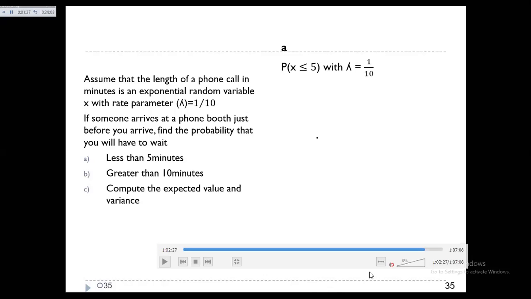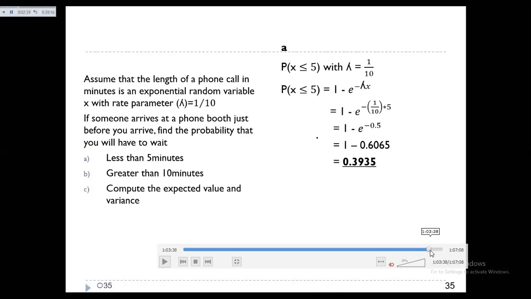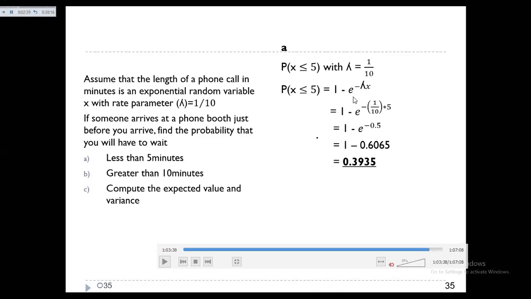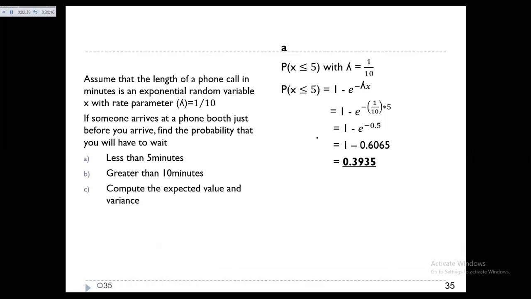So it's 1 minus e raised to the power negative lambda x. Once you do the calculation, you should get 0.3935. So 1 minus e raised to the power negative lambda, where lambda is 1 over 10, times your x, which is 5. That will give us the probability.